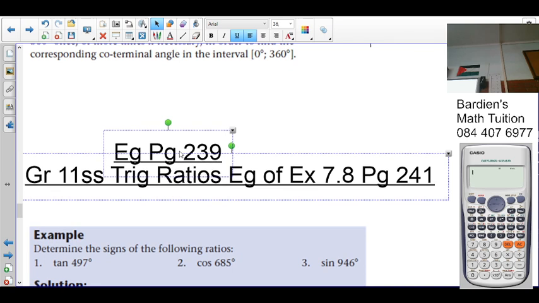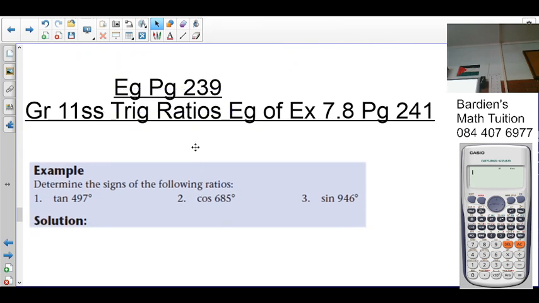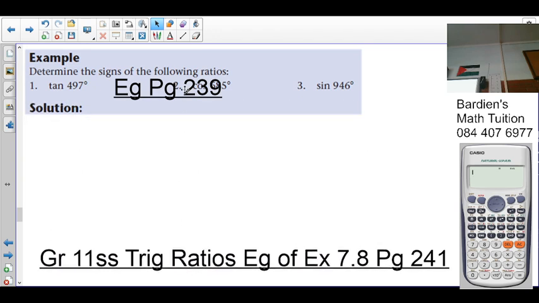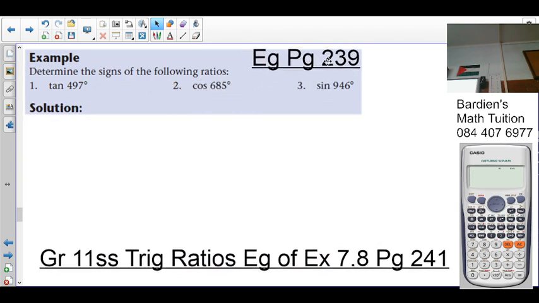That's what I just mentioned earlier on. It must be between 0 and 360. So let's look at the example, and this example is on page 240.